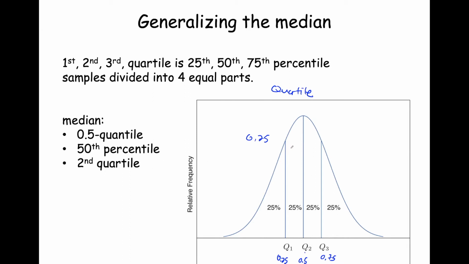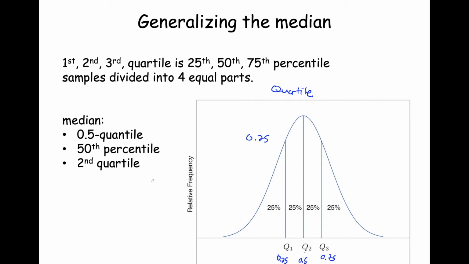And so if we're to look at the median, we said the median is preceded by no more than 50%, no greater than 50, and it's exceeded by no greater than 50%. So if we were to look at it as a quantile, the median is the same as a 0.5 quantile, right? It's right in the middle. And so the median we can call by different names. We can call it the 0.5 quantile.